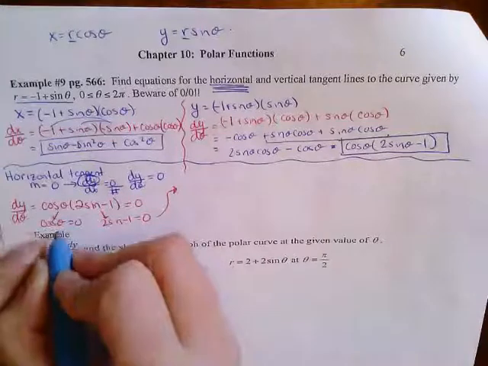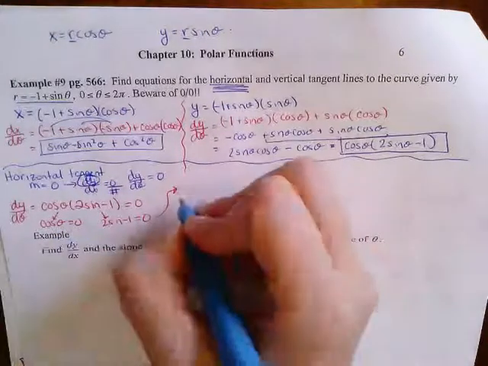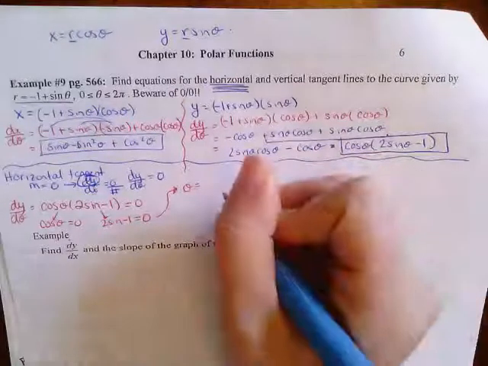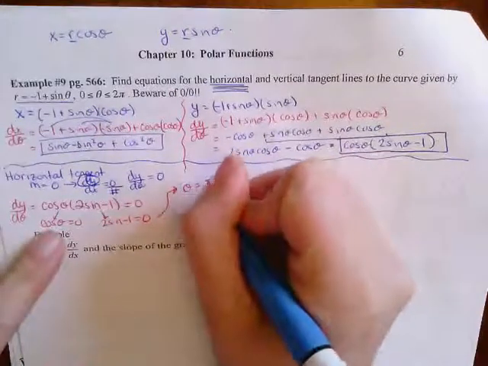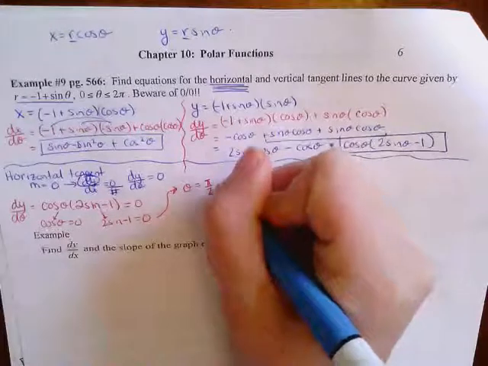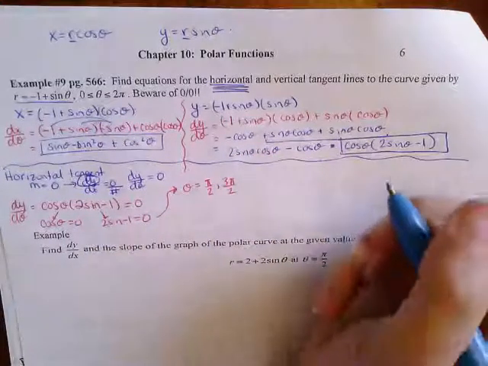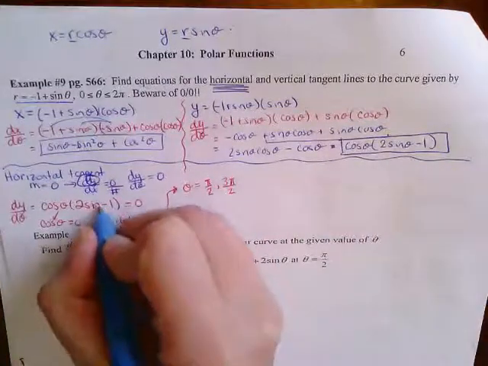So where is cosine of theta 0? It's basically 0 at pi over 2 and at 3 pi over 2. Okay, and then I forgot my thetas right there.